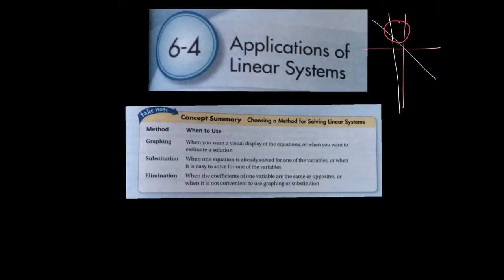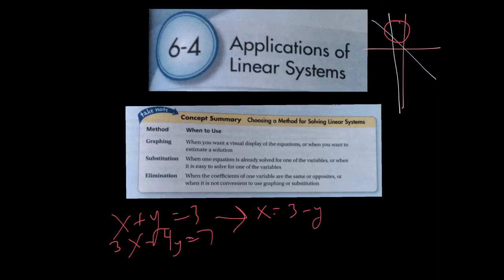So substitution, when one equation is already solved for one of the variables, or when it is easy to solve for one of the variables, would be situations when we want to use substitution, right? If we have x plus y equals 3 and 3x minus 4y equals 7, those are great options for substitution because we can make that x equals 3 minus y and then substitute that in for this x.